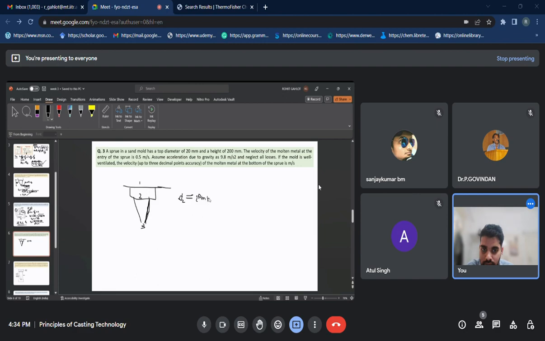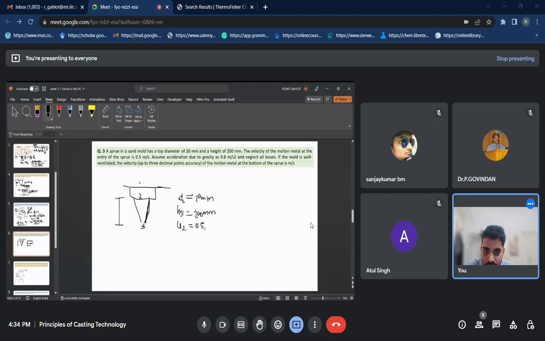So the top diameter, which I'm writing as D2, is 20 mm, and a height of 200 mm. So this height I'm writing as the sprue height, 200 mm.